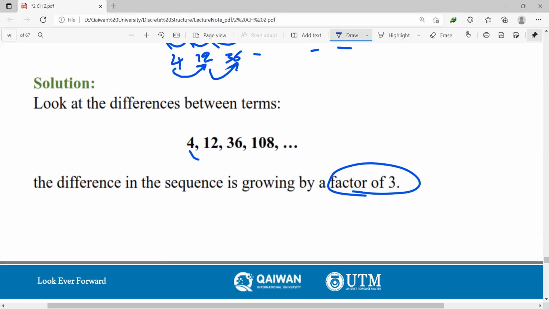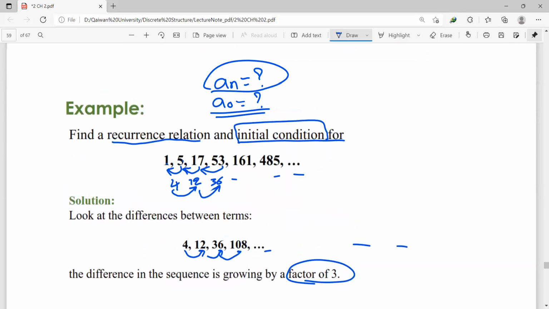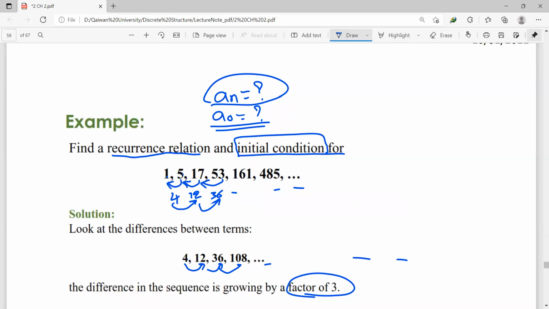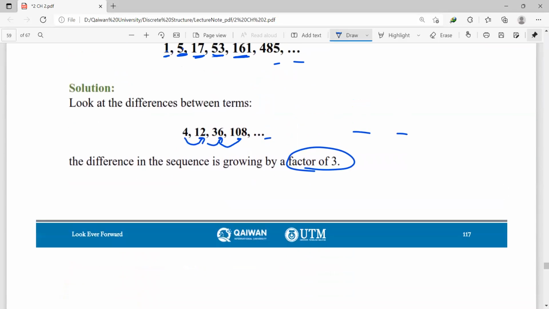Look, 4 times 3, we get this. Times 3, we get this. Times 3, and so we get that. So this is the difference. We first find the difference. How? We say AN plus 1 minus AN. We say 5 minus 1, 17 minus 5, 53 minus 17, 161 minus 53, and so we get this.